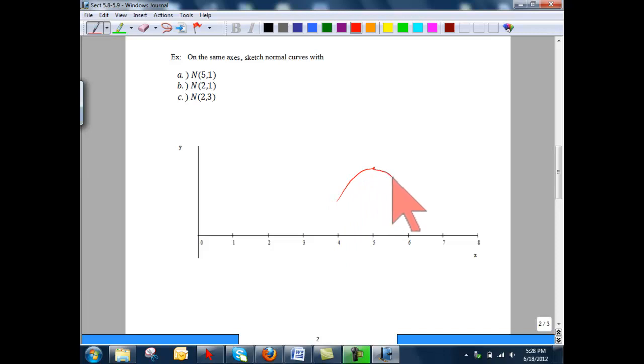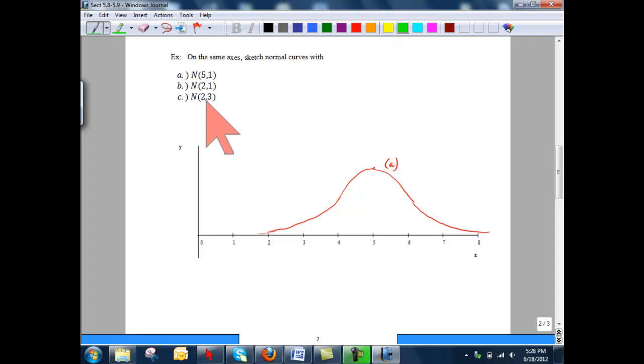So this type of shape out both directions, and then I'll finish it off like this. By the way, the tails of the bell curve never end. They just keep coming down, down, down, and getting closer and closer, but never touching the x-axis. So eventually, on a piece of paper, we just have to stop drawing. But it's important to keep in mind that this goes on forever to the right and to the left. And so this is the graph for A.